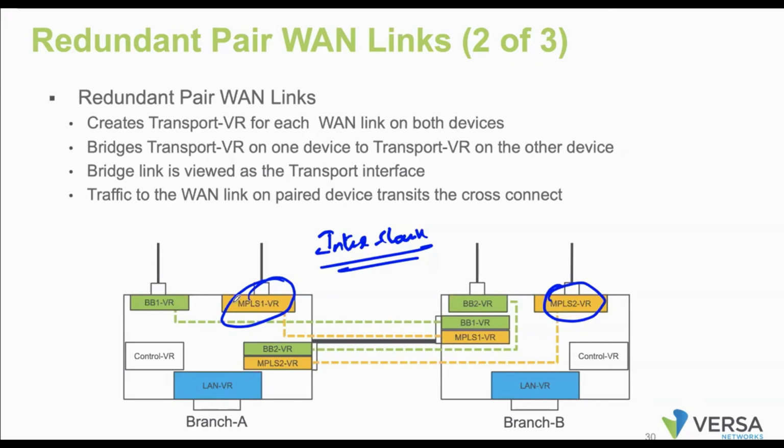Only in the redundant pair are you going to find the extension of these transport VRs. Even in the active passive, there is no extension of the transport VRs, right? Only if you mention the redundant pair will the extension of the transport VRs happen.